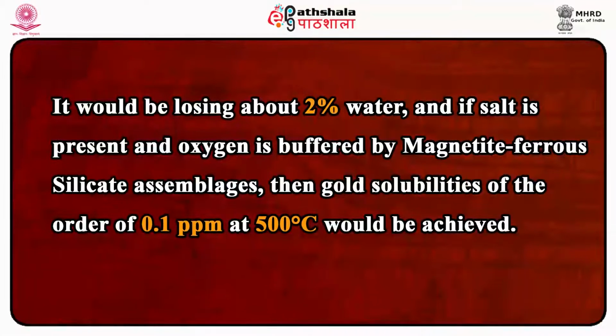It would be losing about 2% water, and if salt is present and oxygen is buffered by the magnetite ferrite silicate assemblages, then gold solubilities of the order of 0.1 ppm at 500 degrees centigrade would be achieved. This gold would either be dispersed through greenschist phase rocks or concentrated into favorable structures. This could happen if the solution flow was focused in a large vein or fault system where seismic pumping could have forced the ore fluid upward.